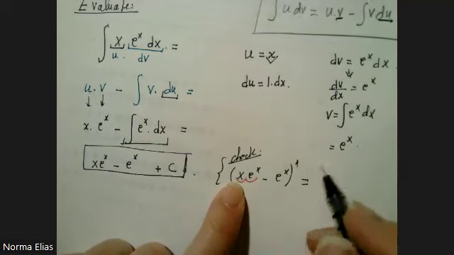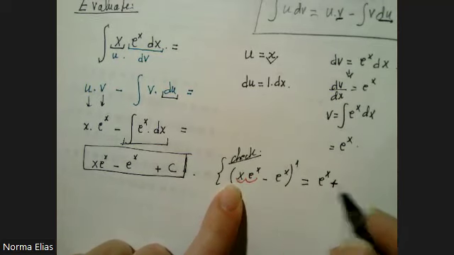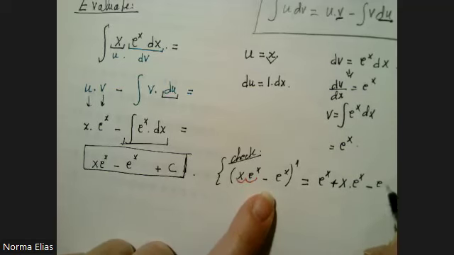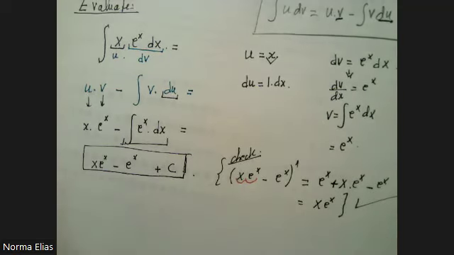The derivative of x is 1 times e^x, plus x times the derivative of e^x, which is e^x, minus the derivative of e^x, which is e^x. We get x e^x. Absolutely correct. Okay, so that's the antiderivative.